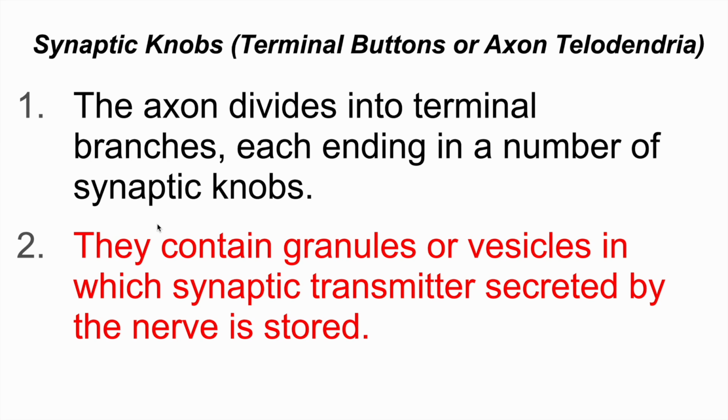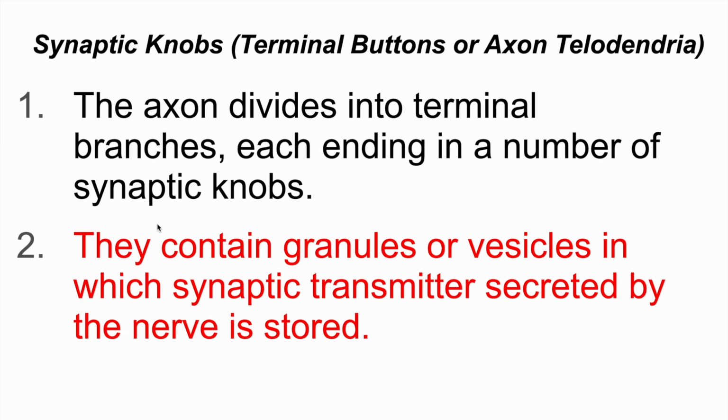The terminal, the third structure, what I was talking about in the beginning, is known as synaptic knobs, also called synaptic terminal buttons or axon telodendria. They are divided into branches that end with small knobs called synaptic knobs.